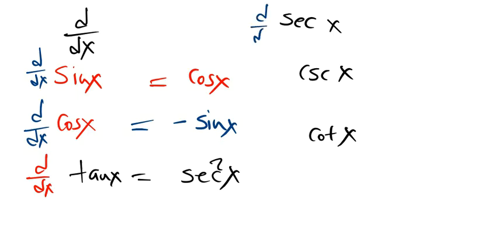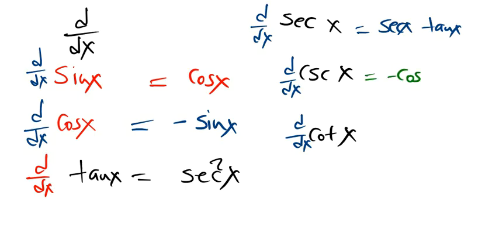Okay, so the derivative of secant of x is a product, that is secant of x tangent of x. Okay, that is for secant. Then for cosecant, it's negative cosecant of x cotangent of x.